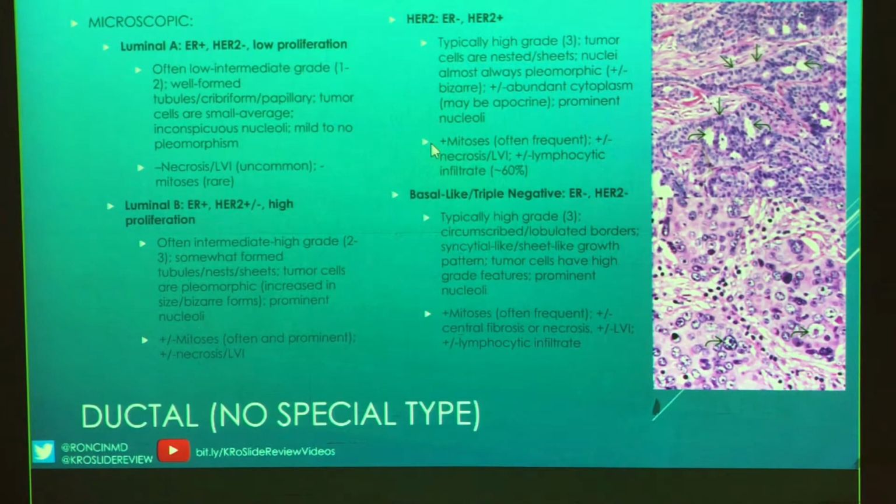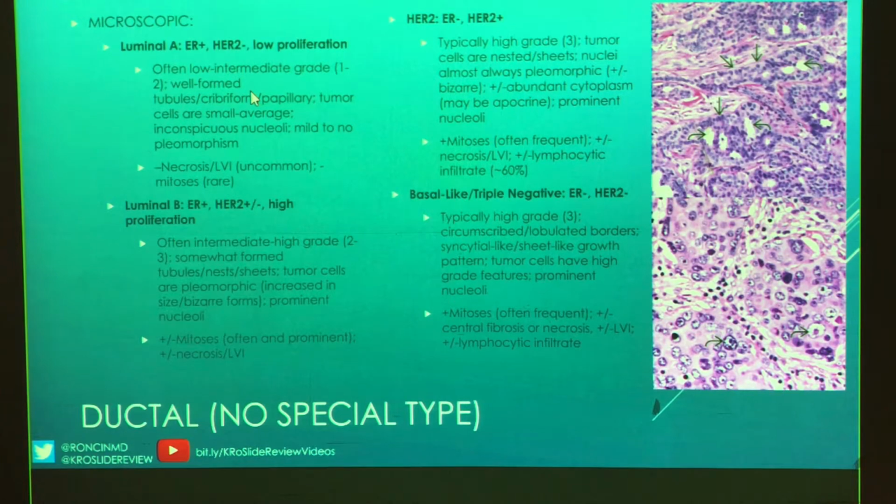Okay, a little bit in here about your luminal A and luminal B, HER2 positive and basal-like or triple negatives. So very quickly, your luminal A and B are very similar, the difference being that your luminal Bs tend to have higher proliferation rates, and they may or may not have HER2 positivity.